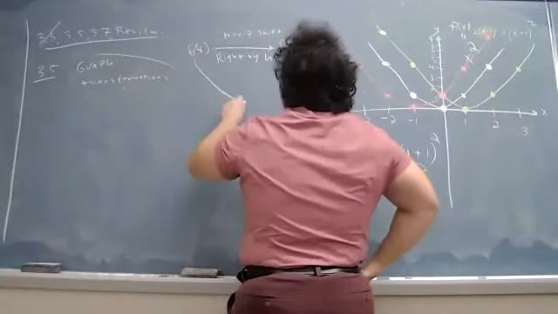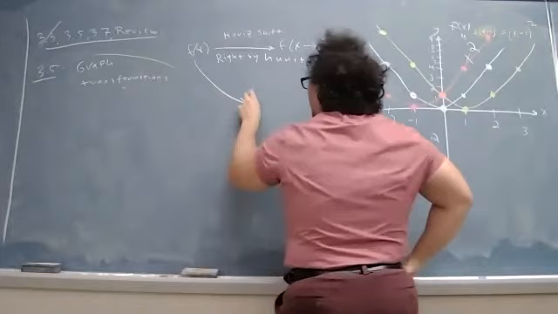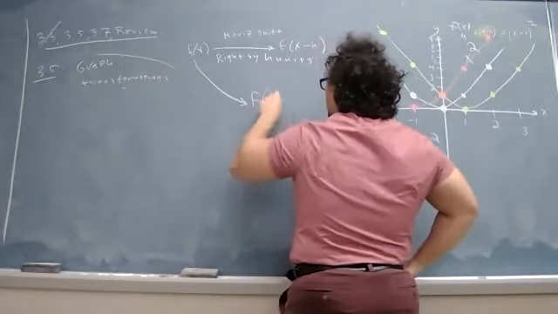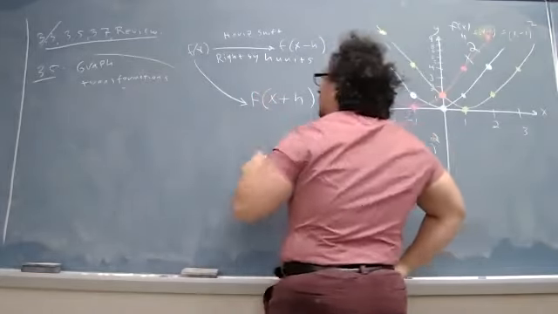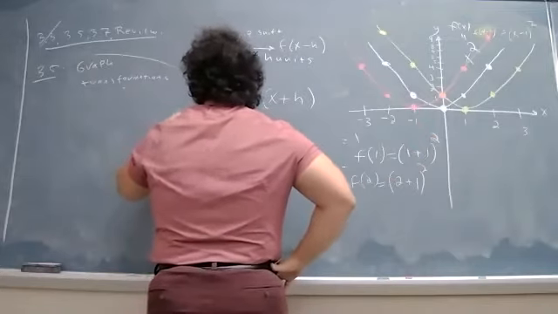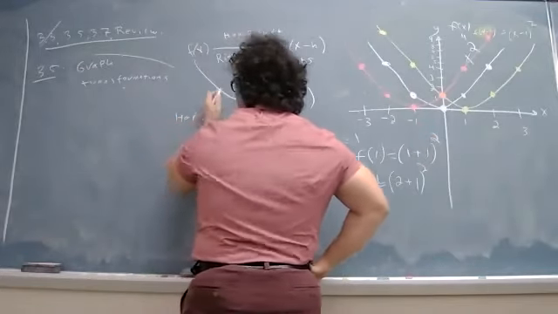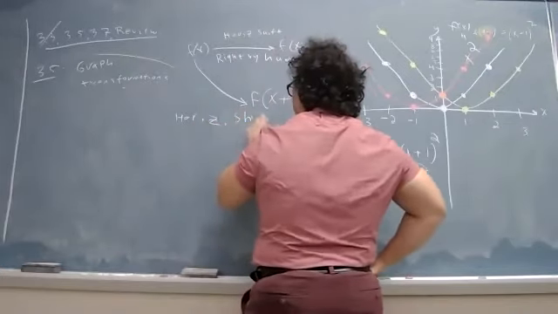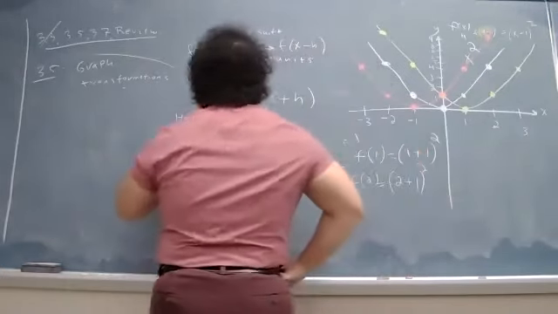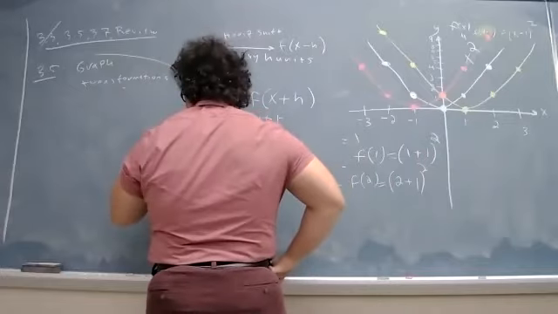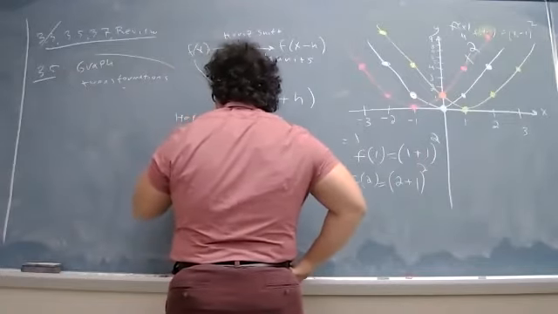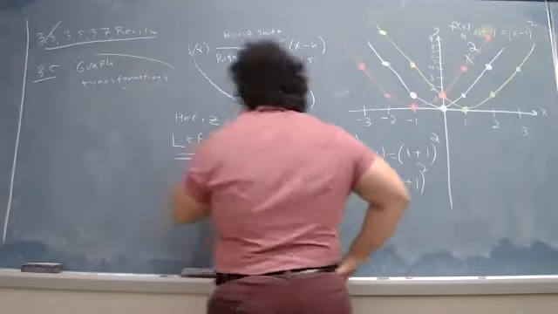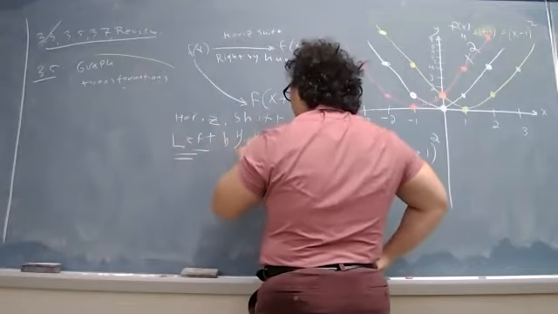Same thing if we map f of x to f of x plus h. It becomes a horizontal shift, but this time it's to the left, by h units.